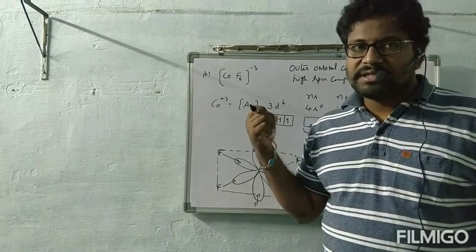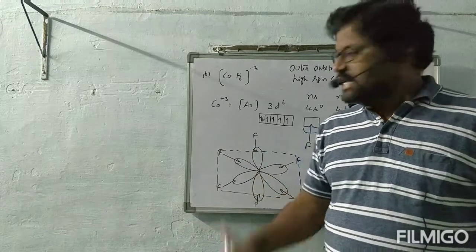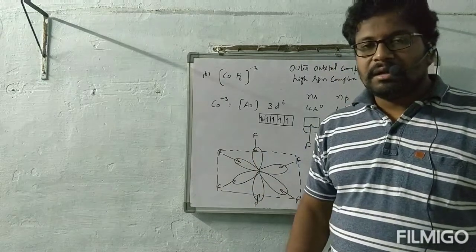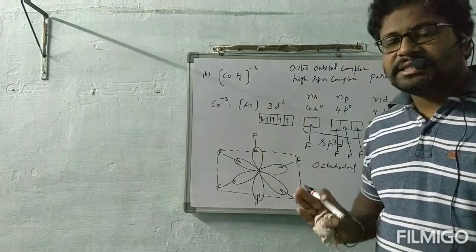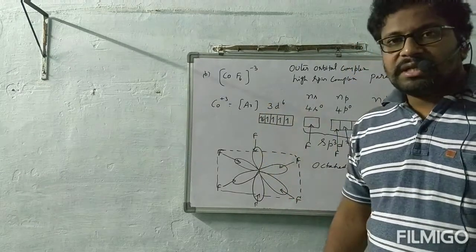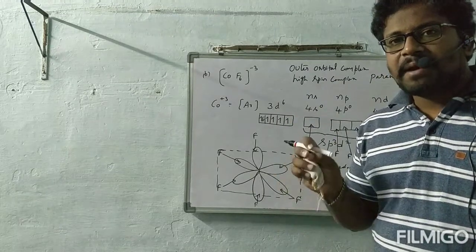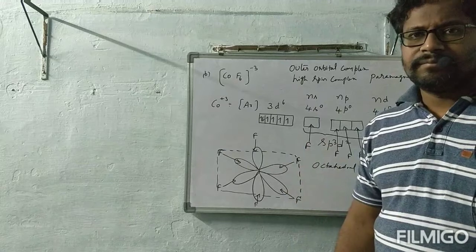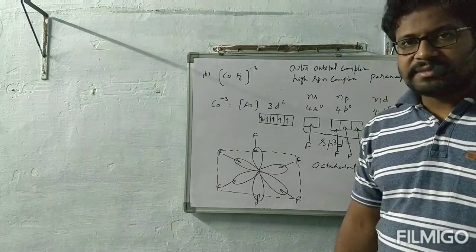But valence bond theory could explain the magnetic properties of the compounds correctly.